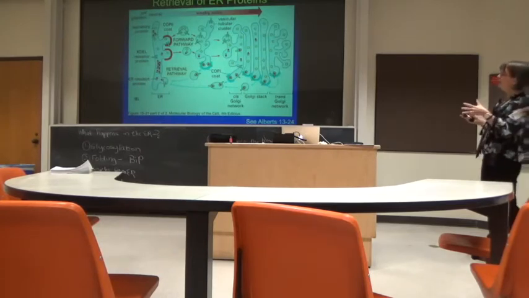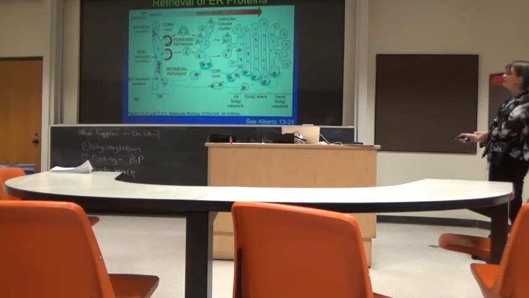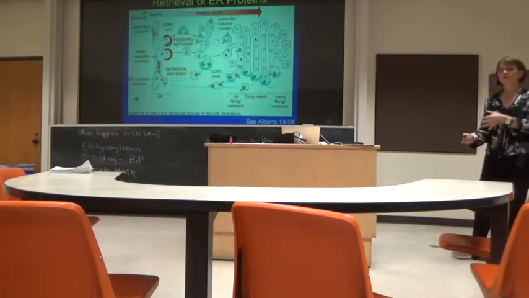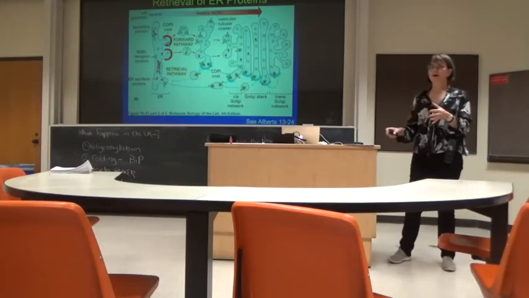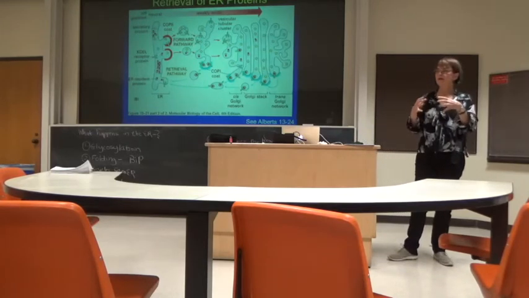So the KDEL receptor is exquisitely sensitive to pH, so that it will bind to KDEL containing proteins in the cis Golgi at the slightly more acidic pH of the cis Golgi, but then it will release them in the ER, which is more neutral. This occurs because its binding site for KDEL is exquisitely sensitive to pH.